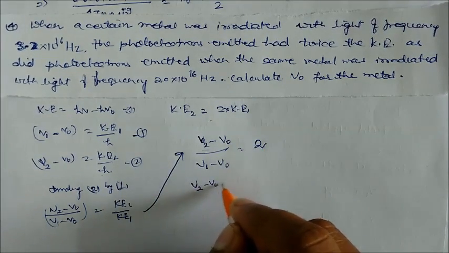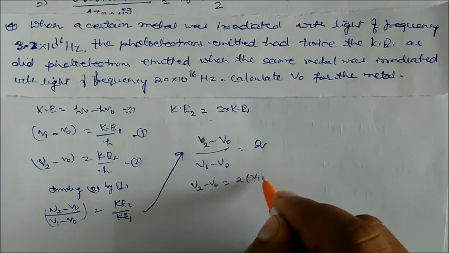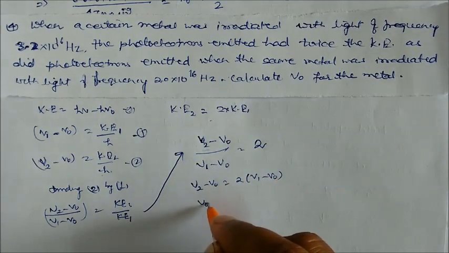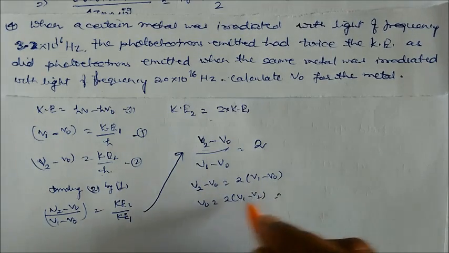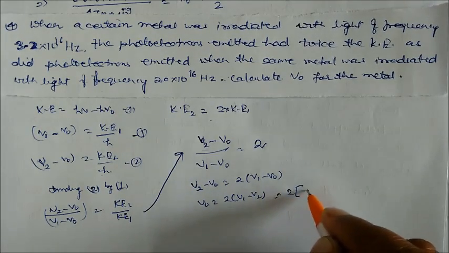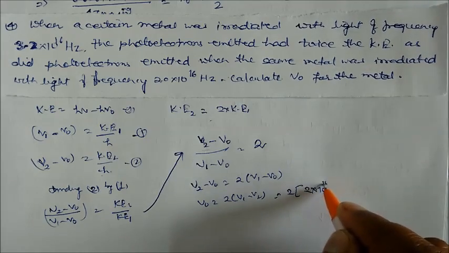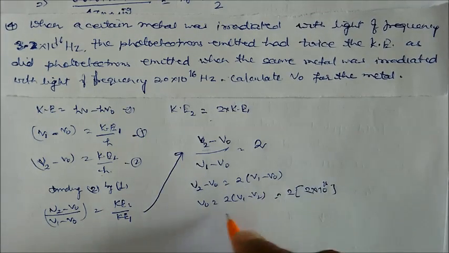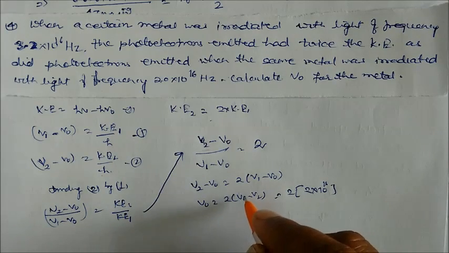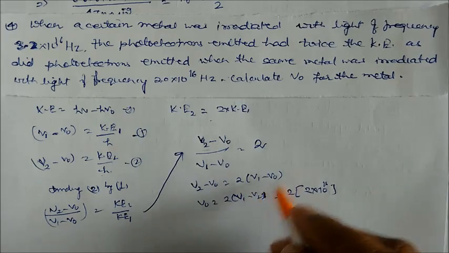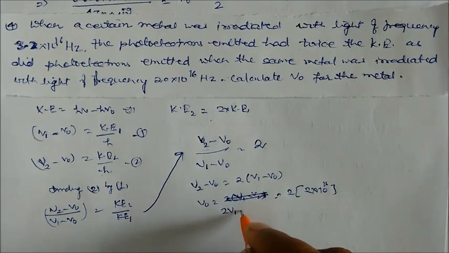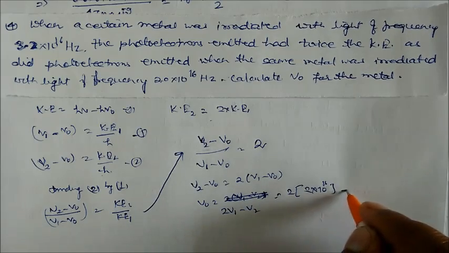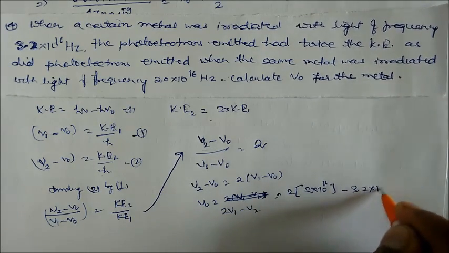Frequency 2 minus frequency naught is equal to 2 into frequency 1 minus frequency naught, or frequency naught is equal to 2 times frequency 1 minus frequency 2, and this is given here: 2 into 10 power 16 for frequency 1, and frequency 2 is 3.2 into 10 to the power 16.